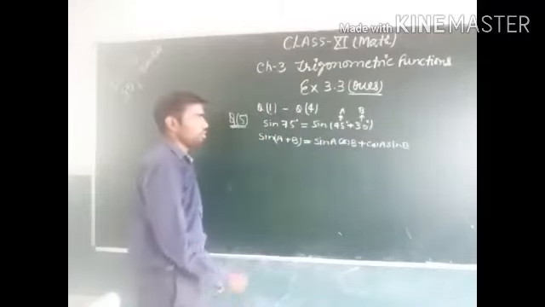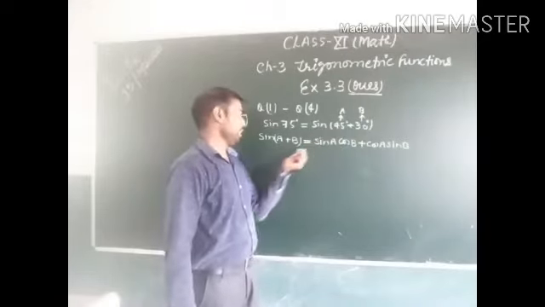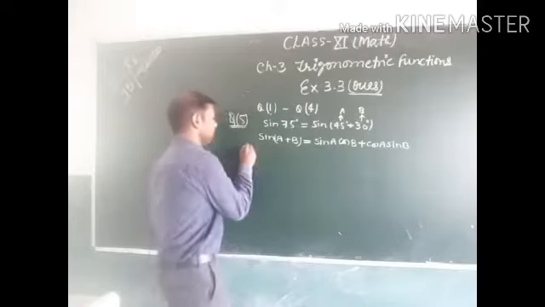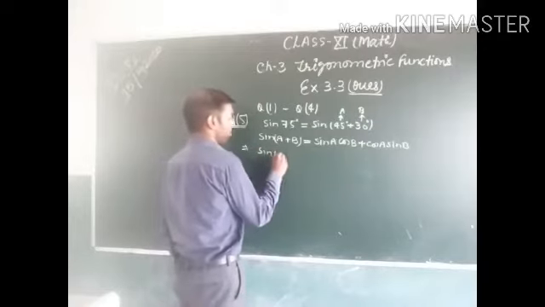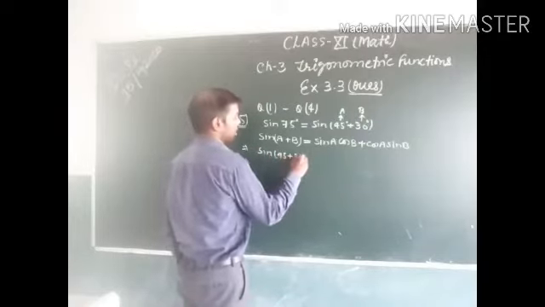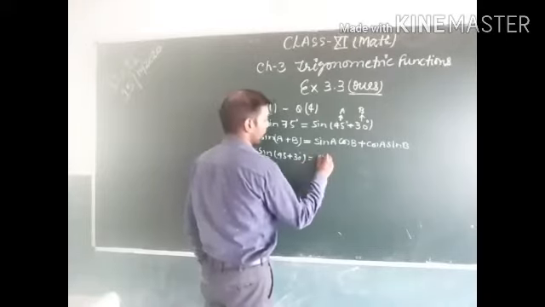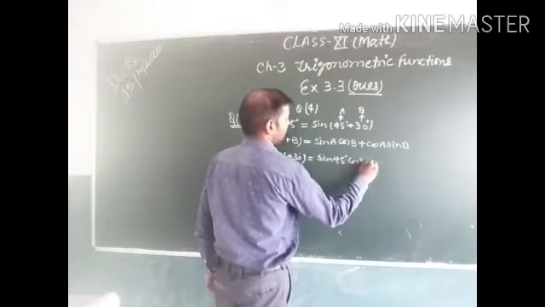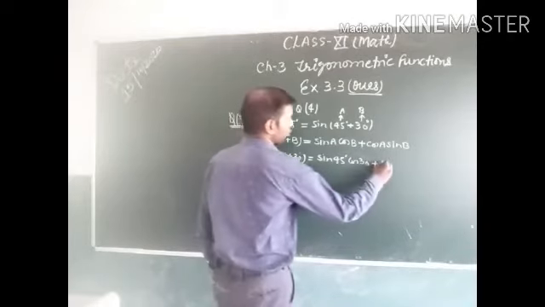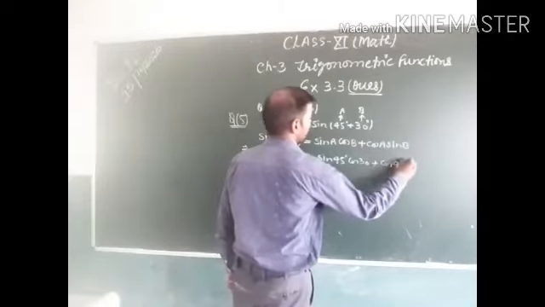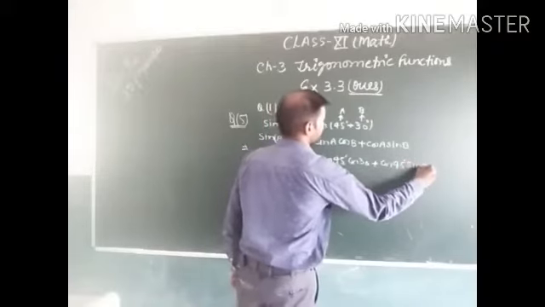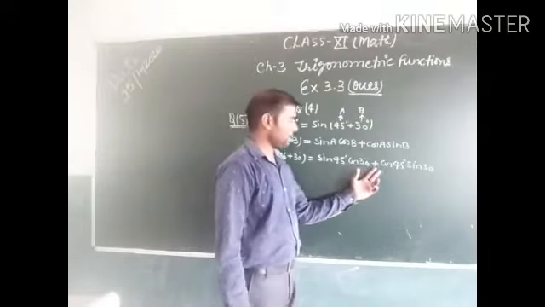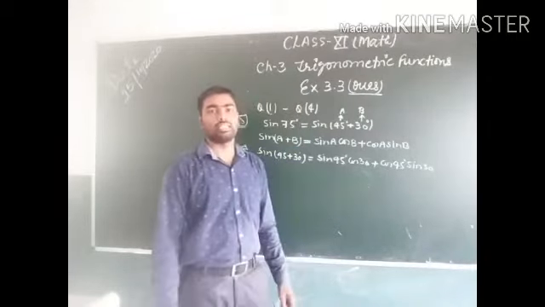Put the values of A and B in this trigonometric identity. So we get sin (45 plus 30) is equal to sin 45 cos 30 plus cos 45 sin 30.